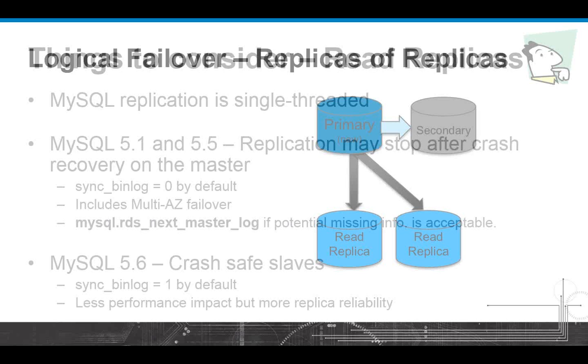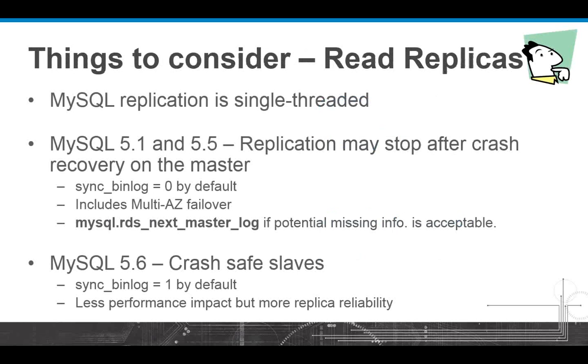So some of the things to keep in mind when you're using read replicas is that MySQL replication, as we talked about, is single-threaded, so it can get slow. So if you have a lot of transactions that are occurring on the primary instance, it's possible that your replica can lag. And with MySQL 5.1 and 5.5, replication may actually stop after a failover is performed.